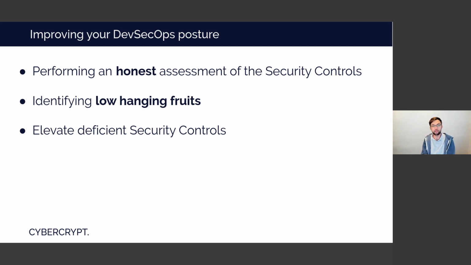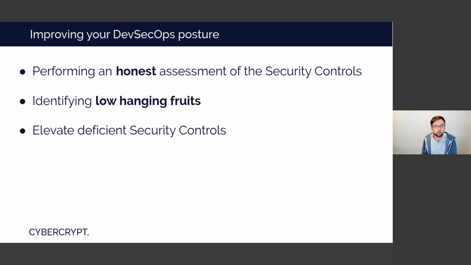And what I mean by honest, I will tell you shortly. The second one being, when you have performed this security assessment and you know what the critical points are, you need to identify those low-hanging fruits, because we also recognize that organizations are under deadlines and time and resource constraints. So we want to apply that 80-20 rule or principle, where you get a lot of value for doing 20% of the work.